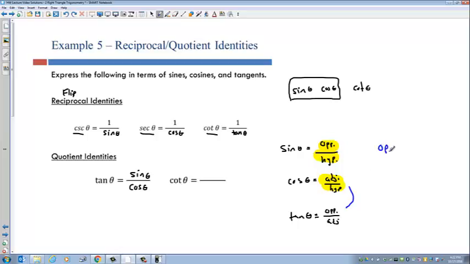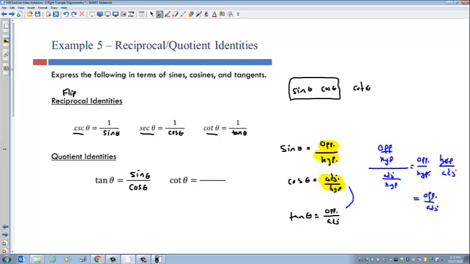So if you took the opposite over the hypotenuse and you divide it by the adjacent over the hypotenuse, what happens is, remember, when you divide by a fraction, you multiply by the reciprocal, so the hypotenuse will cancel. So the reciprocal of the adjacent over hypotenuse is hypotenuse over adjacent. And of course, these cancel, and you're left with the opposite over the adjacent.